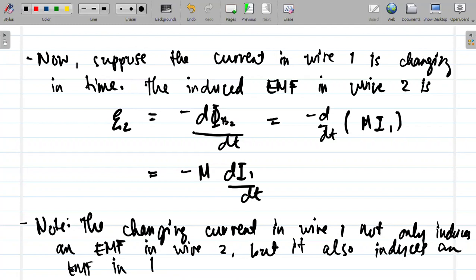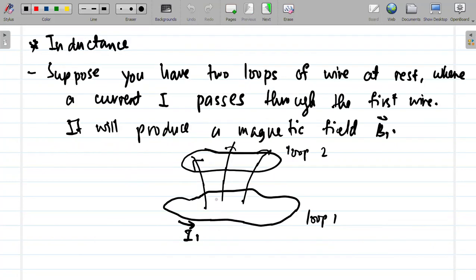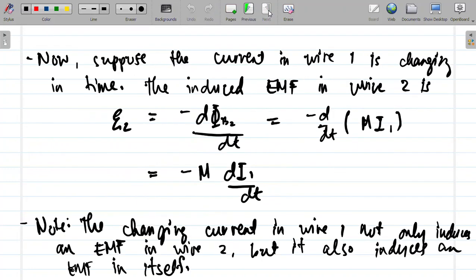Kasi class, di ba? Meron yung pinoproduce na magnetic field. Yung magnetic field na yun, tumatagos din sa loop 1. Tapos, nagbabago yung magnetic field na yun. Makakaramdam din ng change in magnetic flux yung loop 1. And therefore, magkakaroon din ng induced EMF dun sa loop 1 natin.